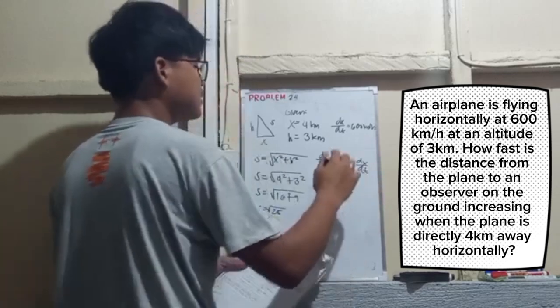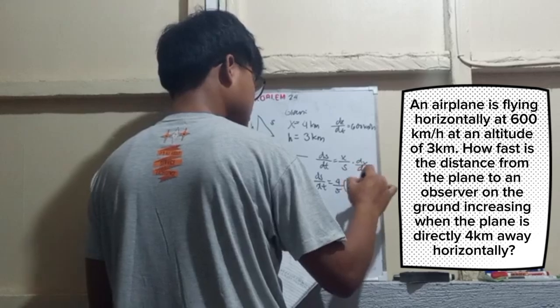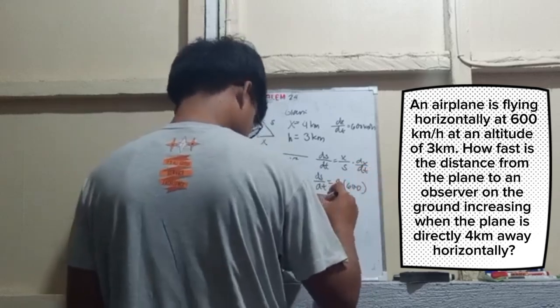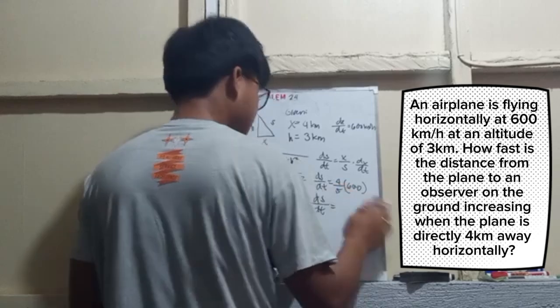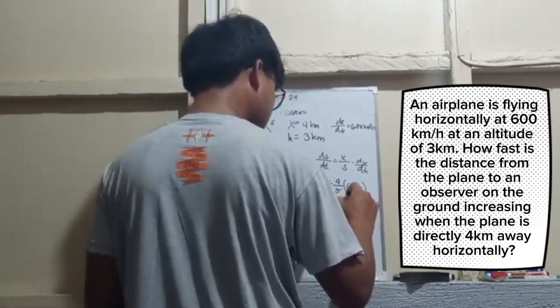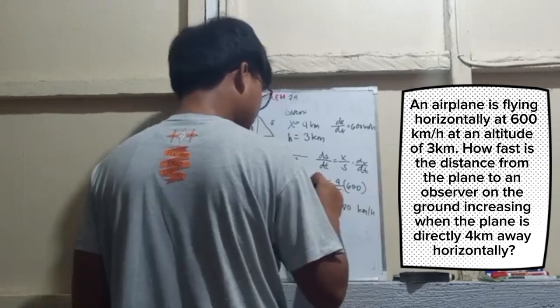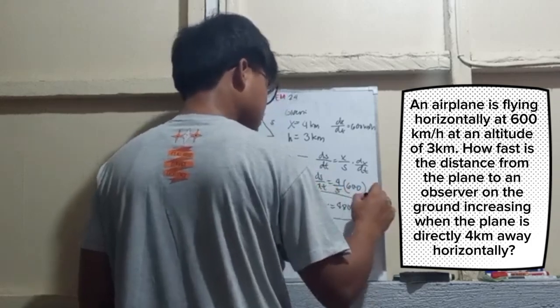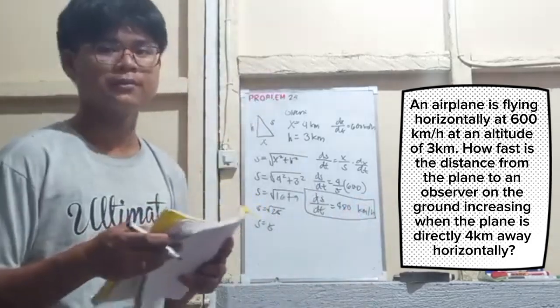Then our dx over dt is equal to 600. So now solve, ds over dt is equal to 4/5 of 600, which is equal to 480. Then we will get the final value of the rate of s as 480 km/h.